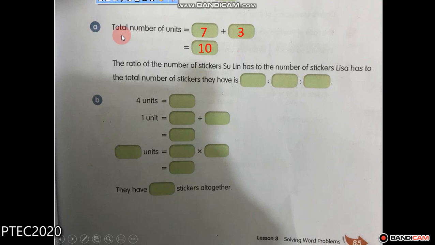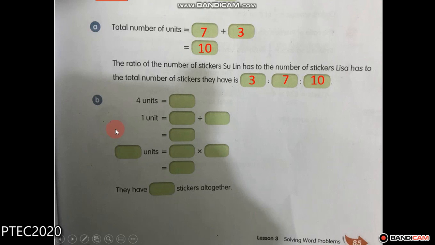Now we know the total number of units, and also the units of Sulin and Lisa, so we can write the ratio of them. The first one is Sulin, 3, right? After that, Lisa, how many units? That is 7, and the total is 10.